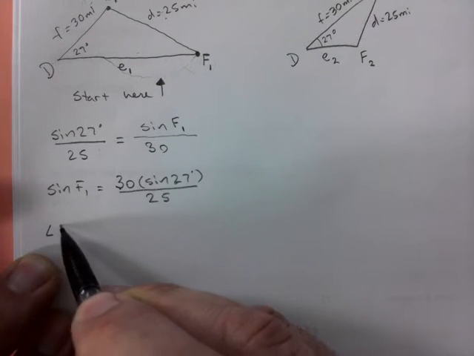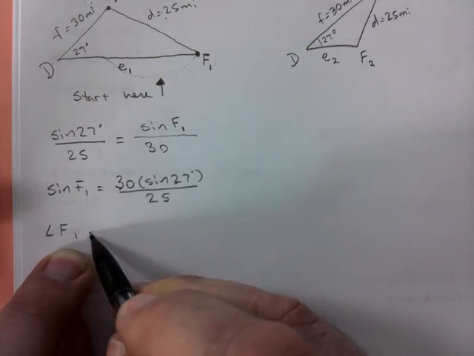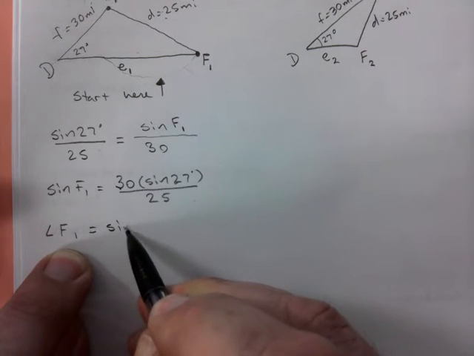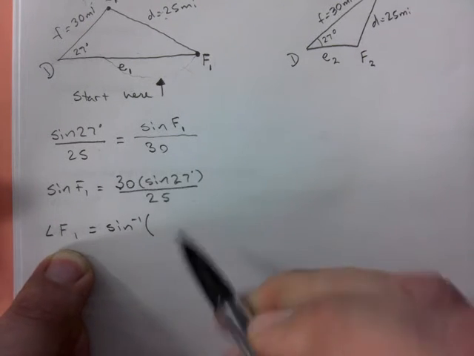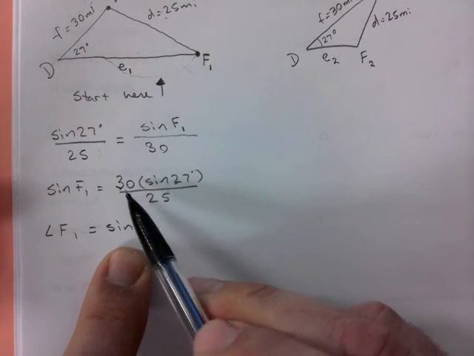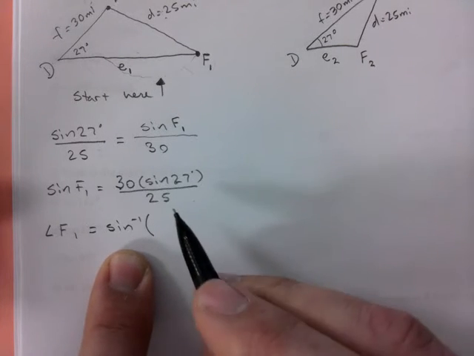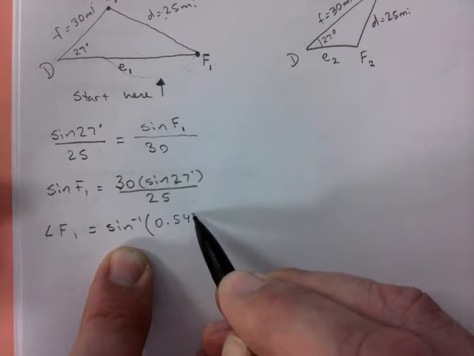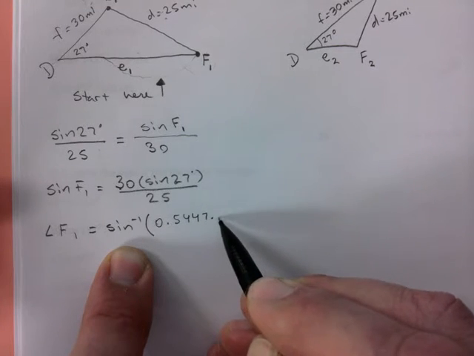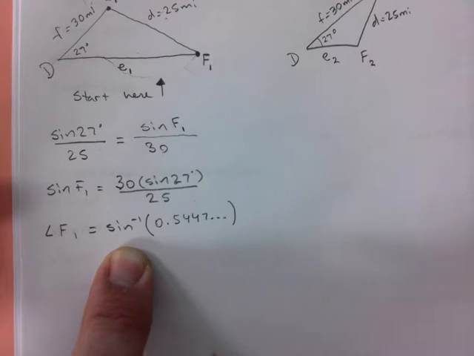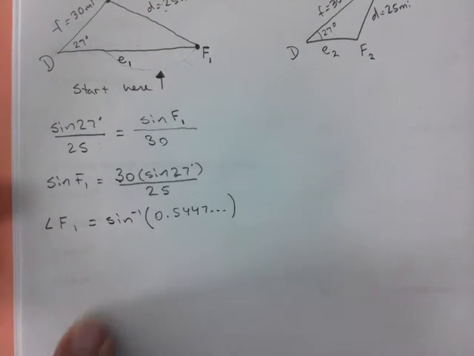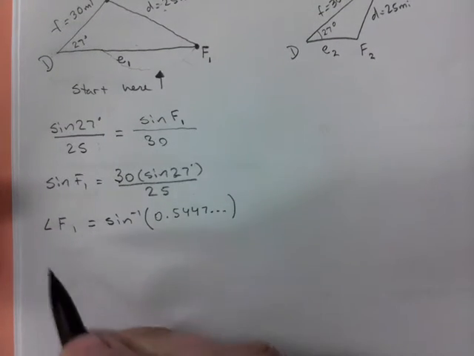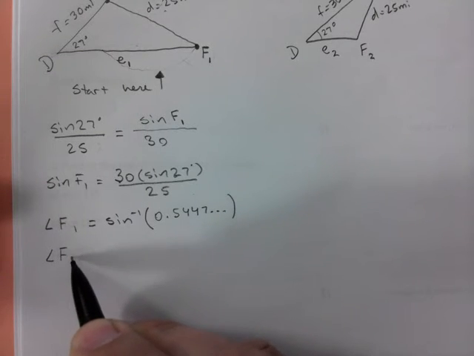I will just go straight to angle f1 is sine inverse of, I think you all understand that you have to multiply and divide, so I'm just going to give you the number here. Just write it down. And I'm using all decimals, so I'm just going to do one of those. And here's angle f1.